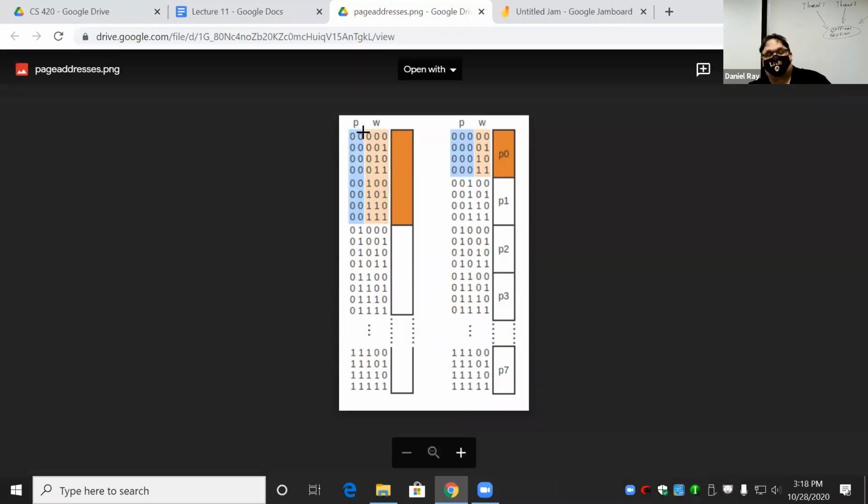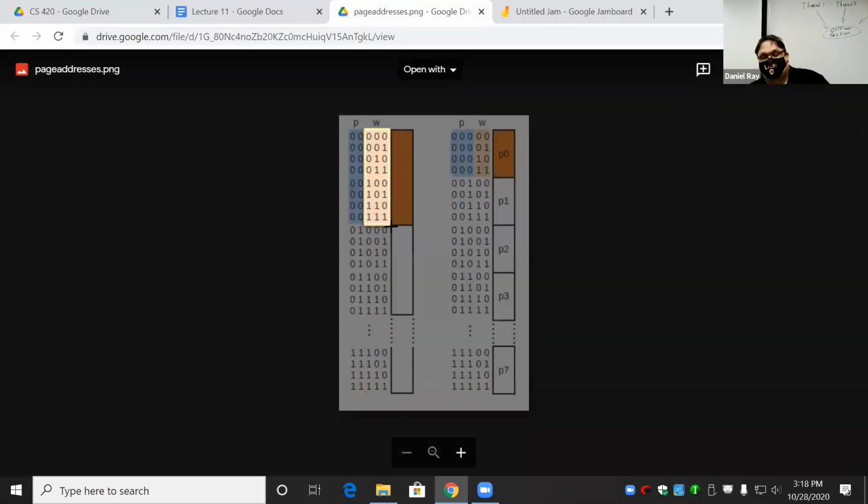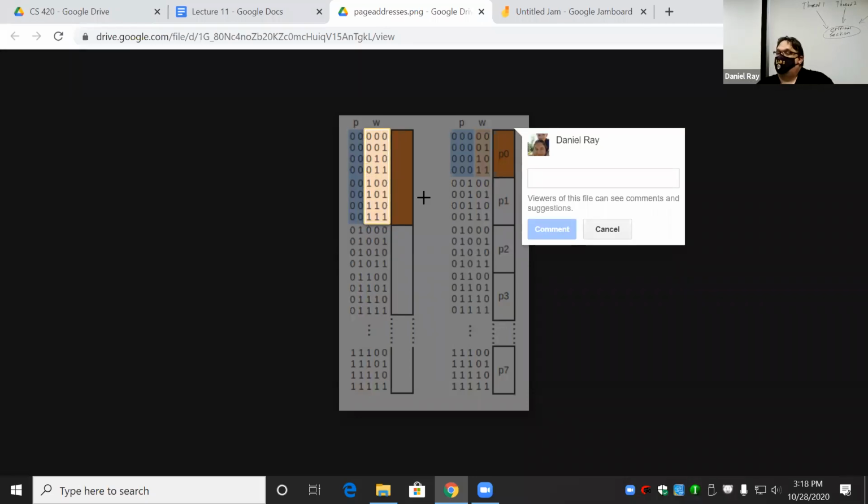So going right to left, if we use the rightmost 3 bits, then we're going to have pages that are 1, 2, 3, 4, 5, 6, 7, 8 words long.